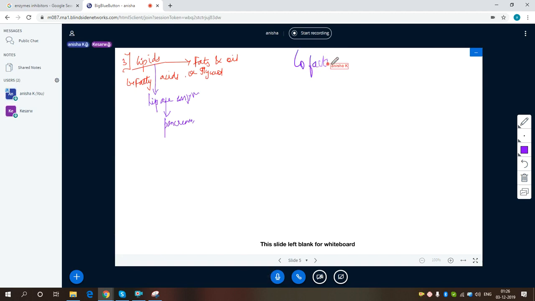A cofactor is a non-protein chemical compound. Okay, a cofactor is nothing but a non-protein chemical compound, or we can also mention them as metallic ions.